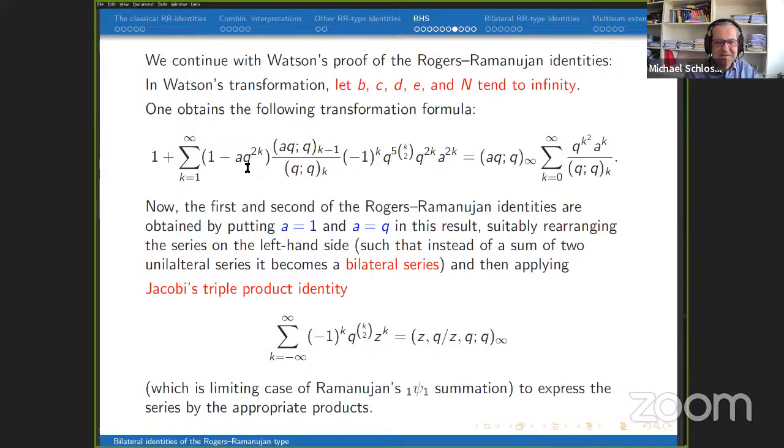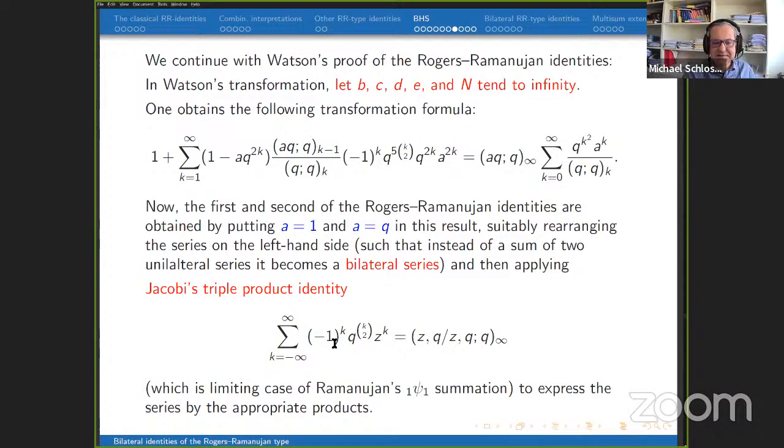One term you leave as it is, the other term you identify with the negative terms in this bilateral series. So you replace K by minus K, and you can naturally extend. So this is indeed possible. This is quite nice. It's maybe like a little miracle that this works.